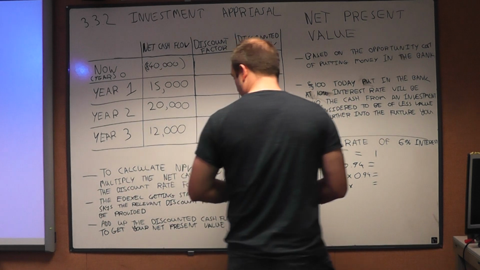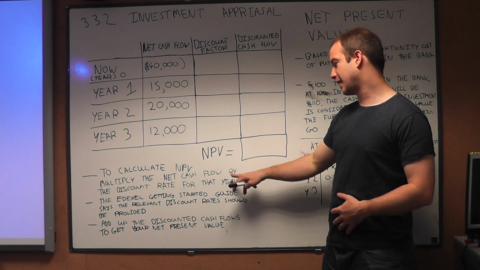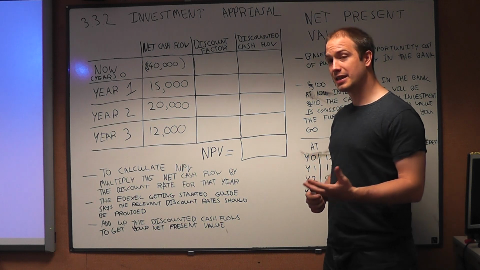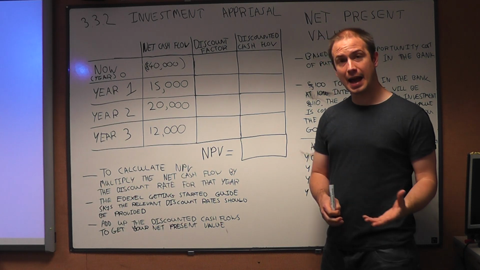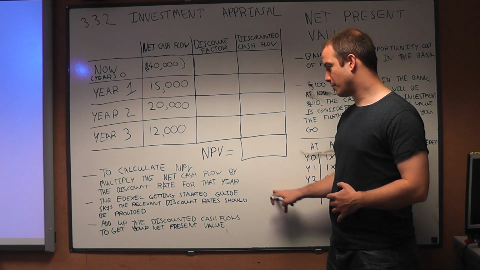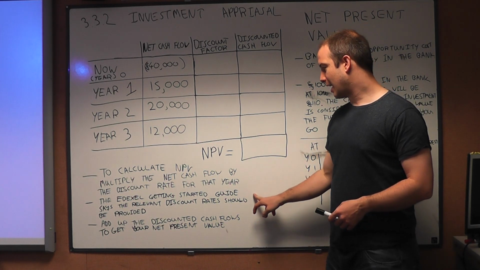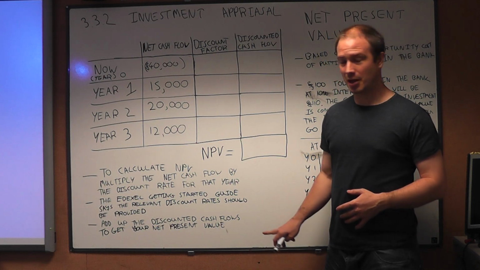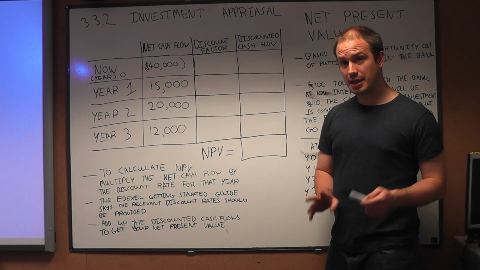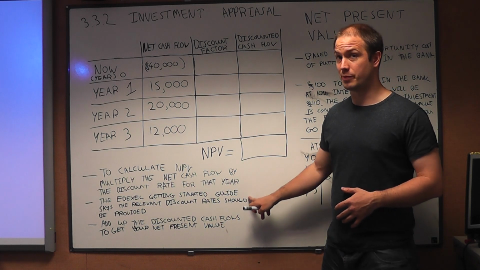In order to calculate the net present value, you need to multiply the net cash flow by the discount rate for that year. So we need to calculate the discount rate. Now, in your exam, you won't actually have to do this. Fortunately, although I'm filming this in May 2018, at the present I don't think there's been a net present value question on the exam, but the Edexcel Getting Started Guide says that the relevant discount rates should be provided.